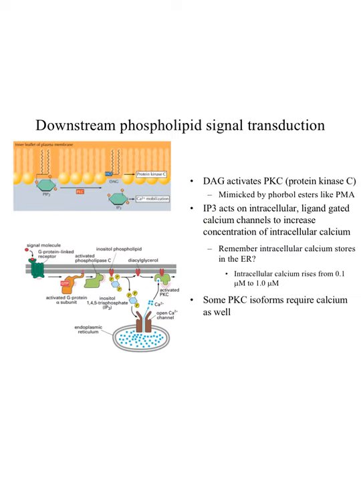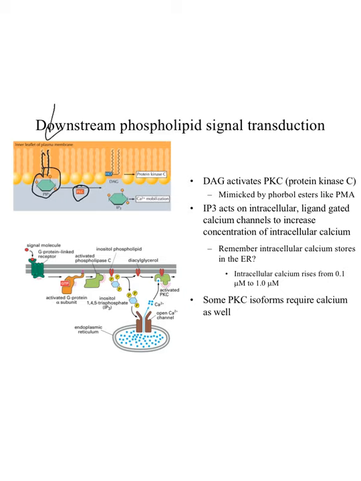Here's a look at those divergent downstream signaling pathways. And let's just begin up here. We're looking at more of a zoomed in view now of the inner leaflet. And we can see the structure of PIP2. Here's the hydrophobic tail, and here's the polar head group, and you can see the phosphate groups on it. That's how it gets its name. Here we're representing phospholipase C cleavage just as a little indicator over this arrow.